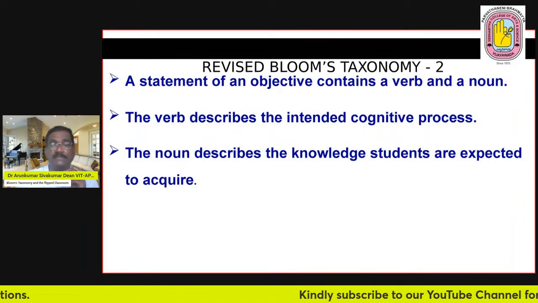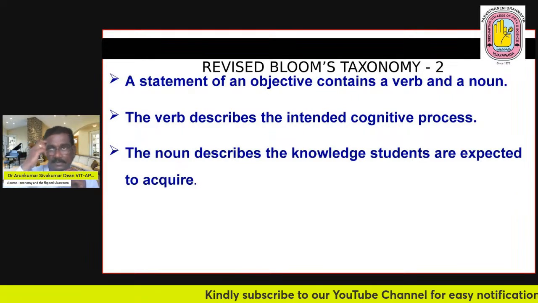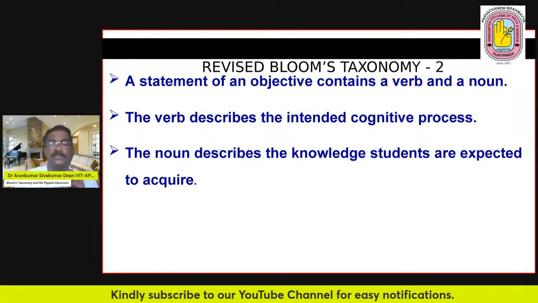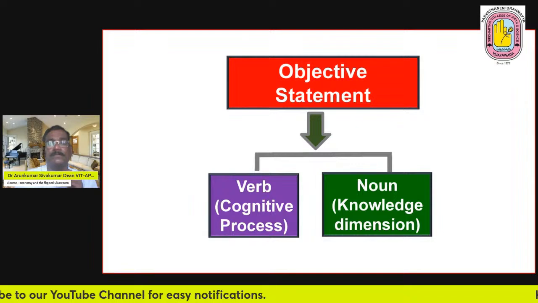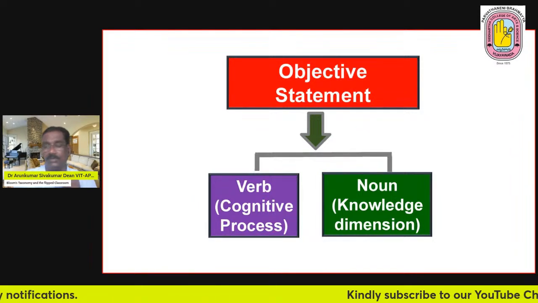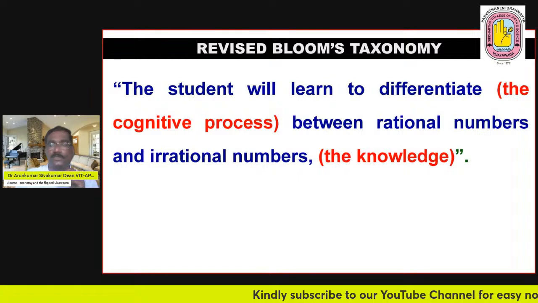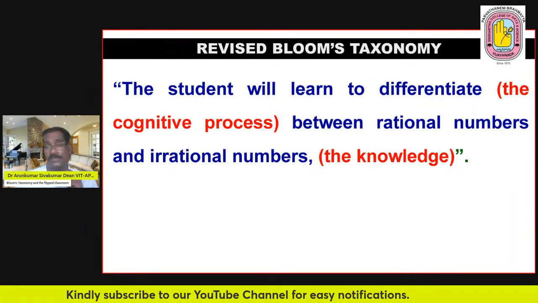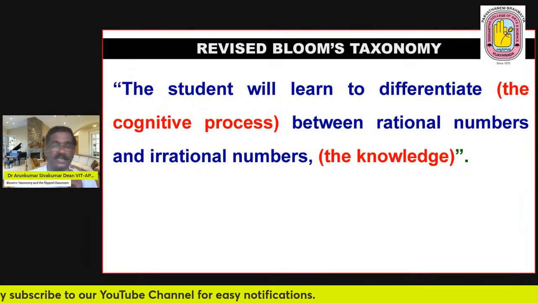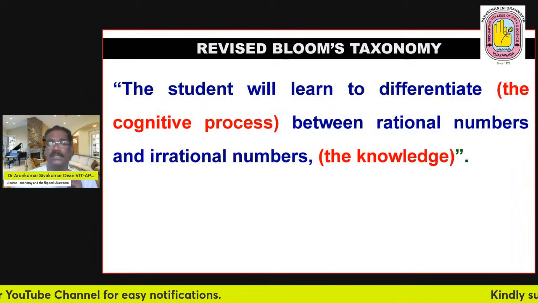The verb describes the intended cognitive process. The noun describes the knowledge students are expected to acquire. So there are two things: verb, cognitive process, and noun, knowledge. For example, the student will learn to differentiate between rational numbers and irrational numbers. That is the cognitive process and knowledge.